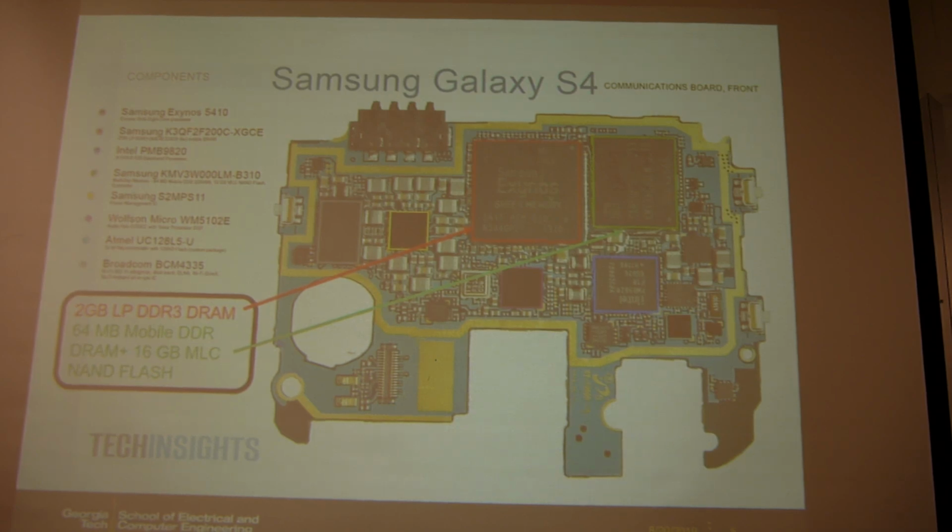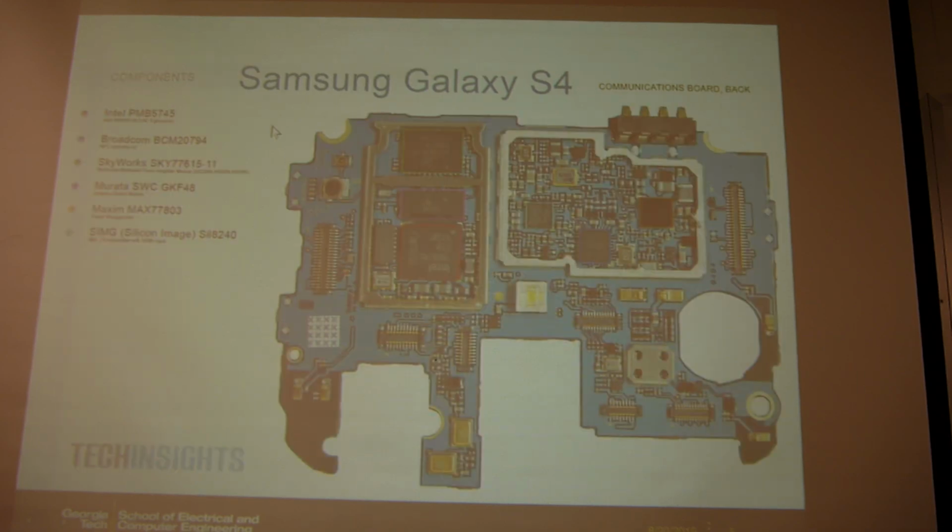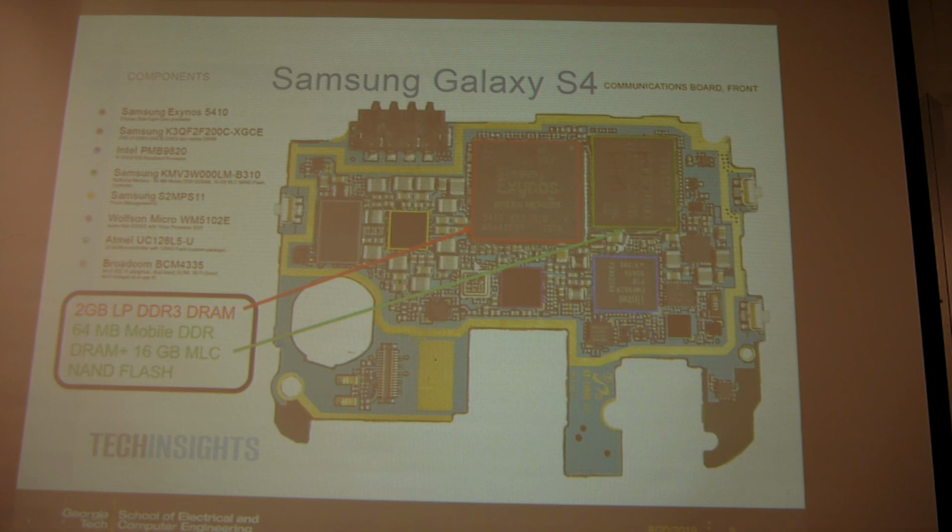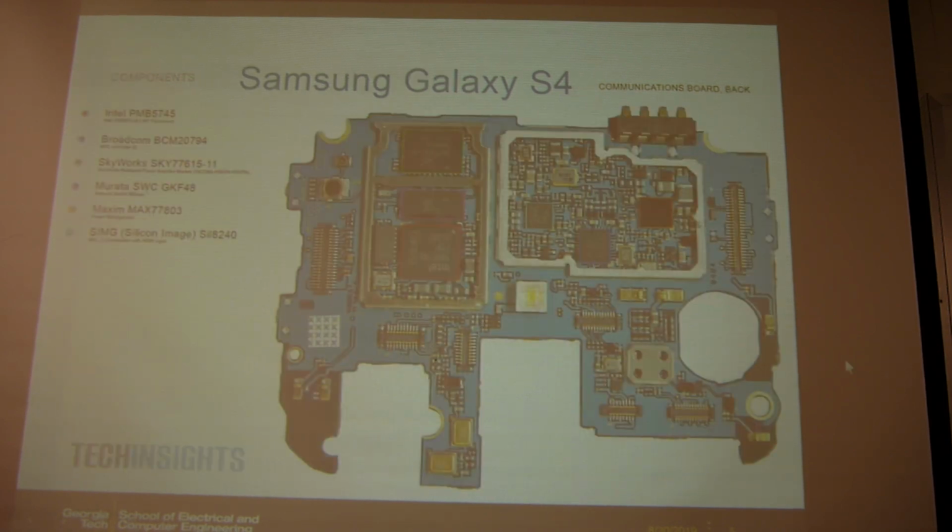Okay, so of course on this circuit board we have other modules, like this Broadcom chip for the Wi-Fi. It's a separate chip. There are many other things on the circuit board. And this is the front side of the circuit board. And this slide is the back side.